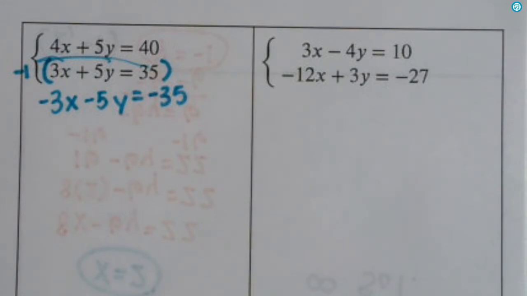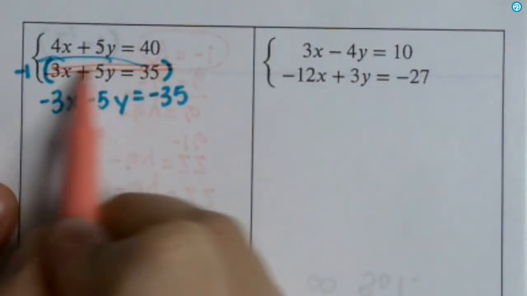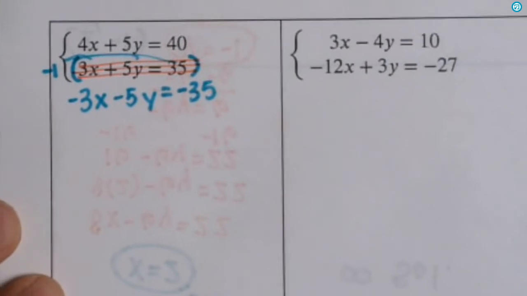Okay, that bottom equation, I'm going to go ahead and just gently cross it out because I am no longer going to use it when I add my equations together. I'm going to be adding my original top equation and my new and improved bottom equation together.